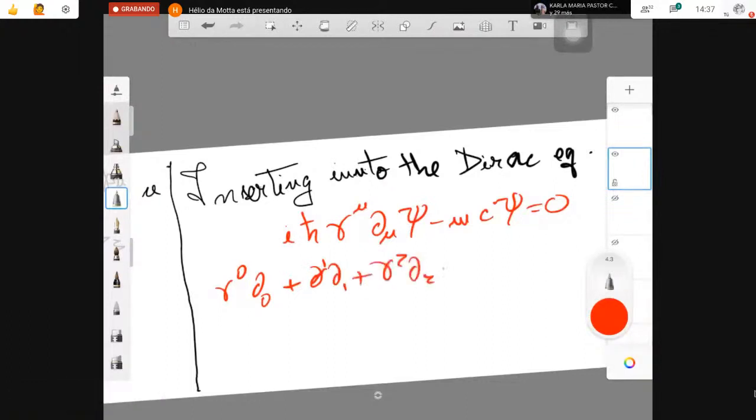Okay, just a way to make things easier to write. So rather than have the 4 components, have just this arrangement here.